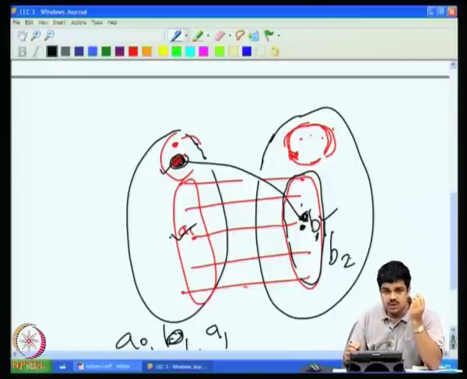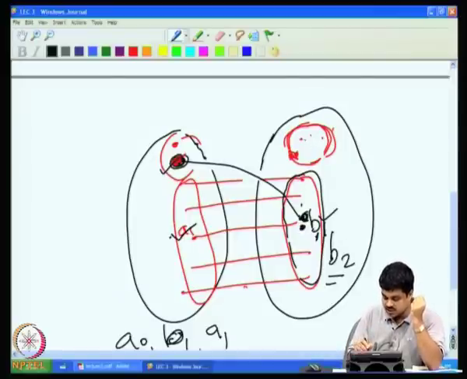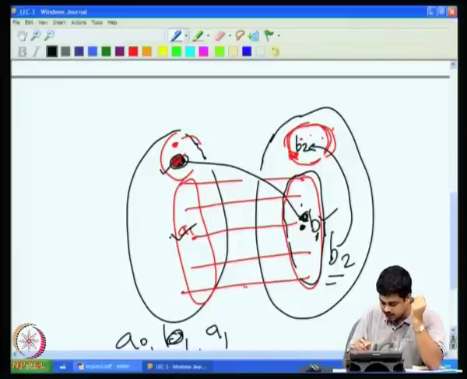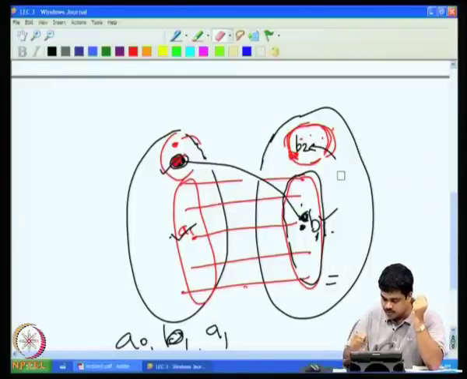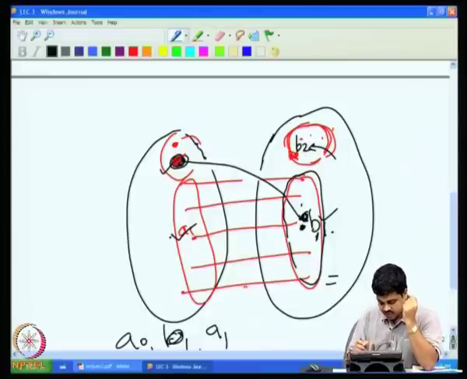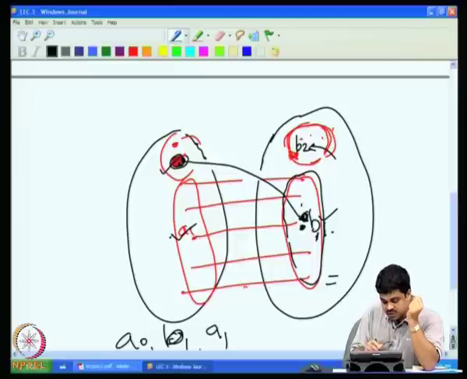Then now the issue is, where is this B2? Is this B2 an unmatched vertex or a matched vertex? Can it be an unmatched vertex? Is it possible that our B2 is in this set? That means, can B2 sit here instead of here? We see that if B2 is here, then B2 is connected to either A0 or A1.